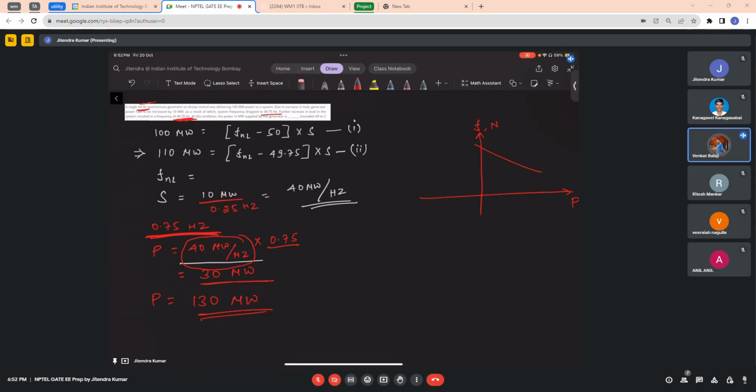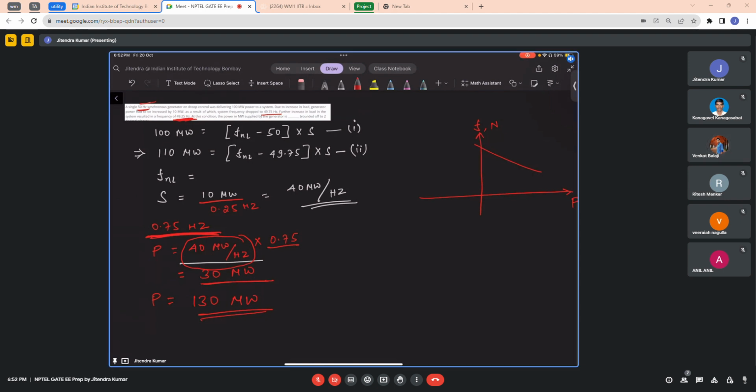That is already done on the NPTEL portal. On the NPTEL GATE portal you will find almost all the solutions of past year, even recent year problems. That is being handled by different teams. But if I get time, I will take those explicitly if you want. But you are not gaining anything extra.